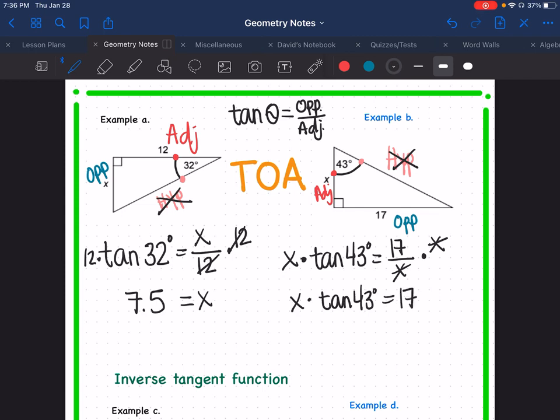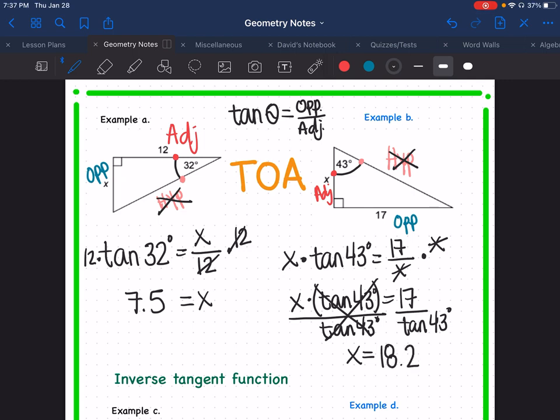Just like with the sine and cosine, I'm going to have to get rid of this by dividing by the tangent of 43 degrees. It's going to completely cancel out, and what I do to one side, I have to do to the other. And once again, I know you guys got the hang of that calculator, so if I were to put this in the calculator, I would get 18.2.